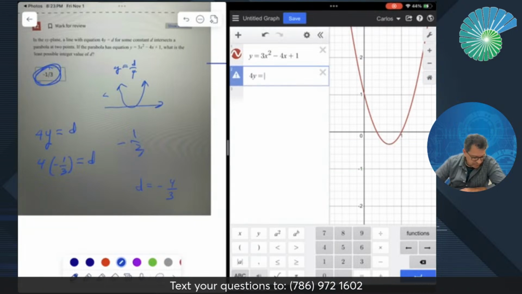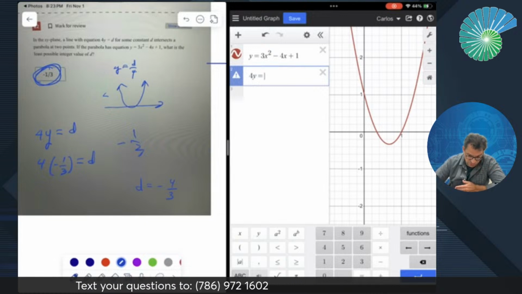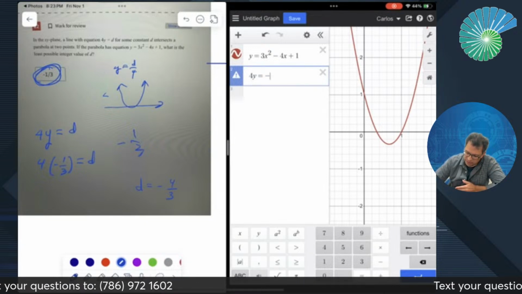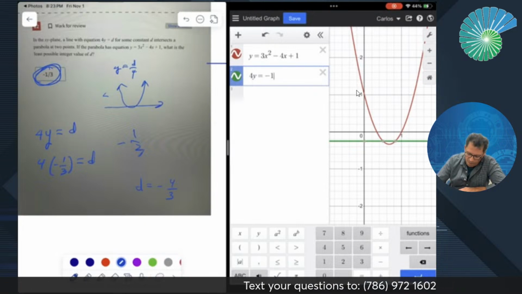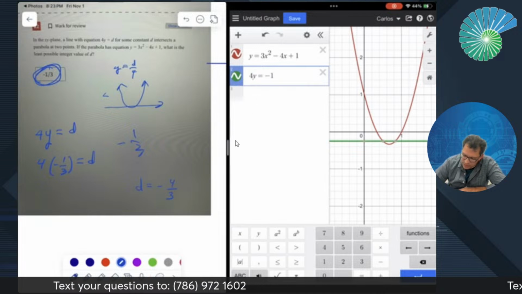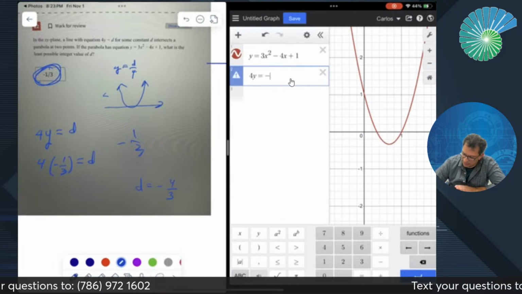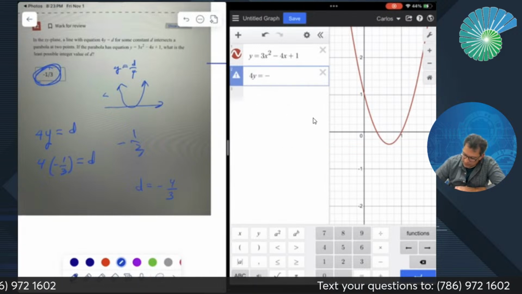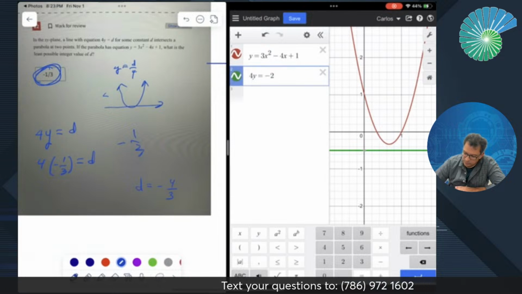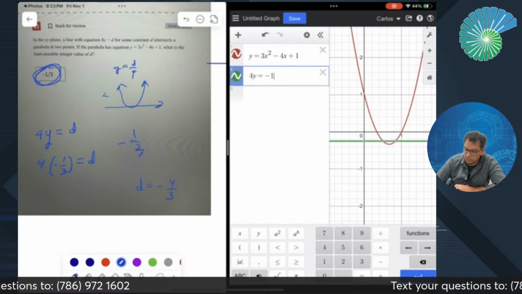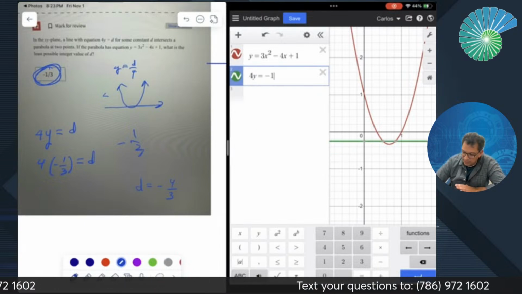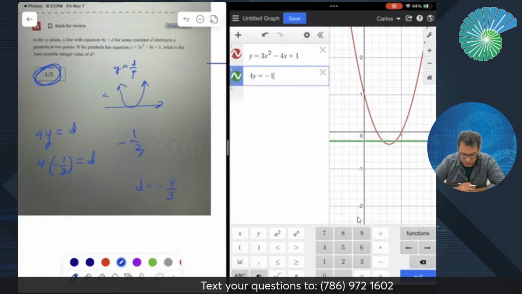So the first integer that is greater than that is negative 1. So if d is less than that, let's say negative 2, it's not touching it at all. If it's negative 1, it touches it twice. And that's the least that d can be as an integer.